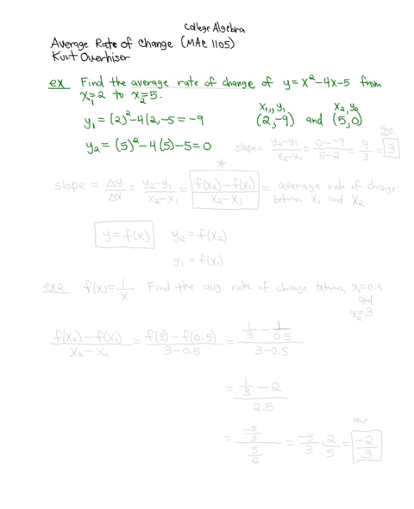So with these 2 points, when we see the average rate of change, what that means is we need to find the slope. So we're going to find the slope between those two points.